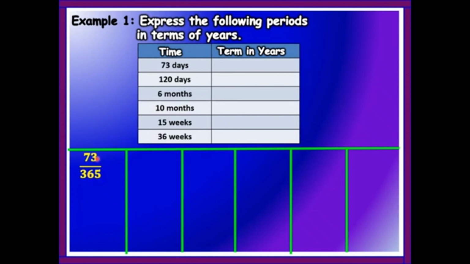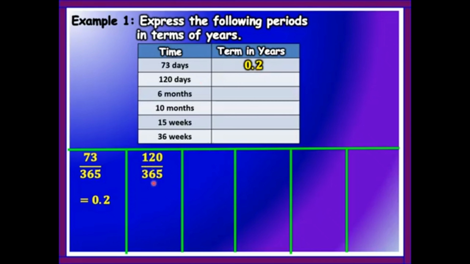So we can just divide 73 by 365 and you will get 2 tenths. Therefore, 73 days is 2/10 year, or 0.2 in years.